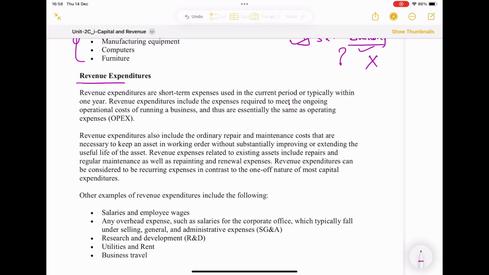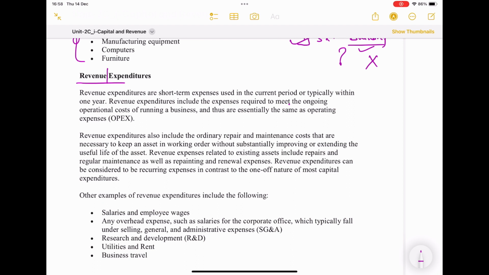In the same way, before directly going to revenue expenses, we should know the meaning of expenses. So revenue expenditures are short-term expenses used for the current period, typically within 1 year.